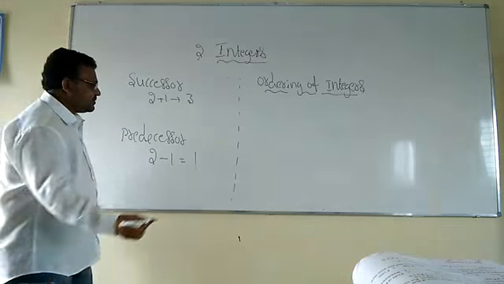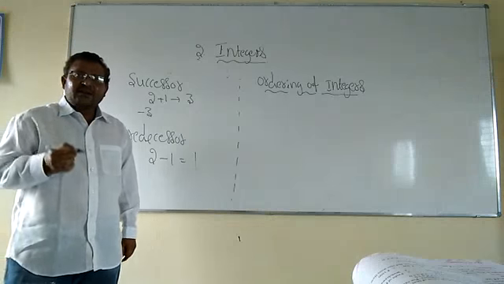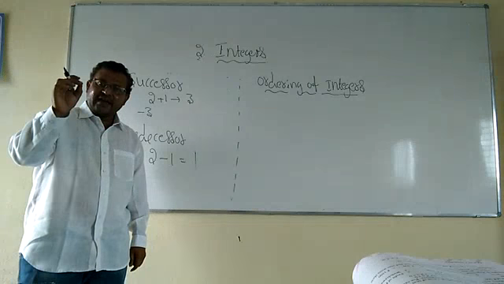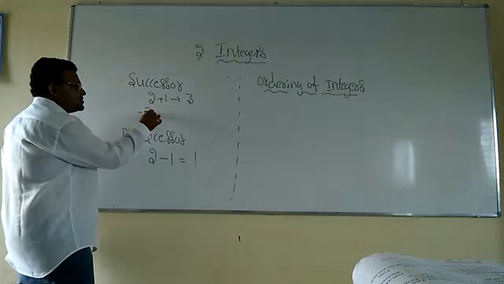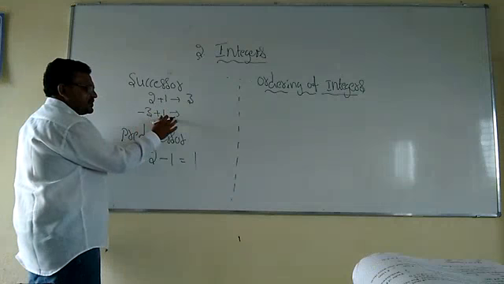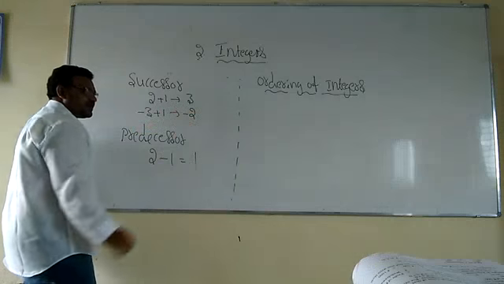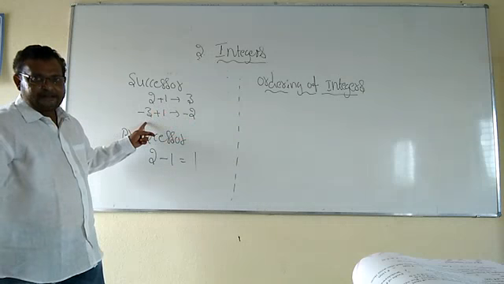And what about negative numbers? Take -3. Successor of -3. Successor means we have to add 1. Predecessor means we have to subtract 1. So the successor of -3 means +1. -3 plus 1 gives us -2. So -2 is the successor of -3.